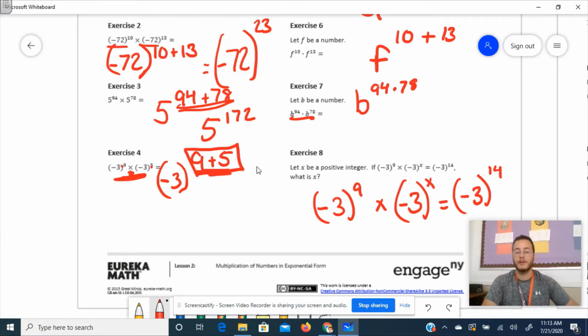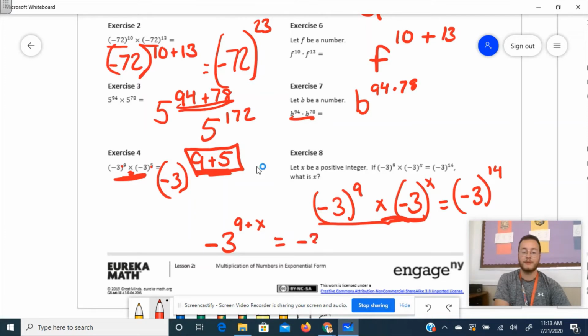What would X be? A lot of you are going to look at it and say, well, Mr. Stefan, I know that 9 plus 5 is going to give me 14, so X has to be 5. Sure, absolutely. We would set that up because we know that -3 is the base because they share the same base, and the exponents would have to be 9 plus X equal -3 to the 14th power. And then yes, you ask yourself, if I have to add these two and it gives me 14, then I can make a little equation over here.